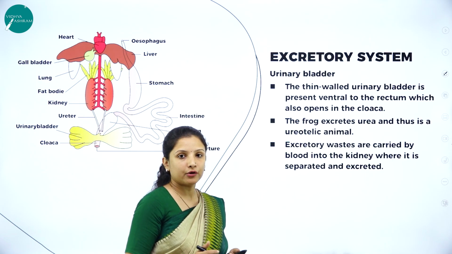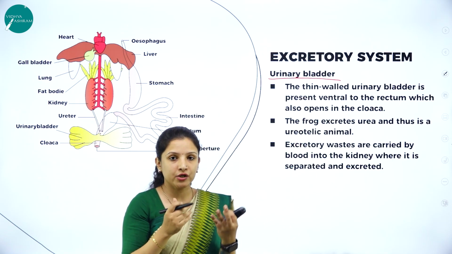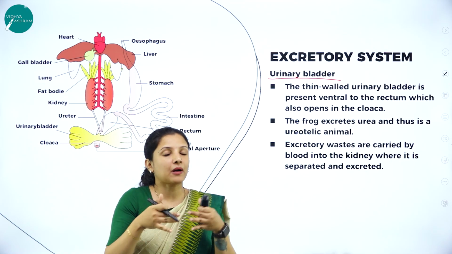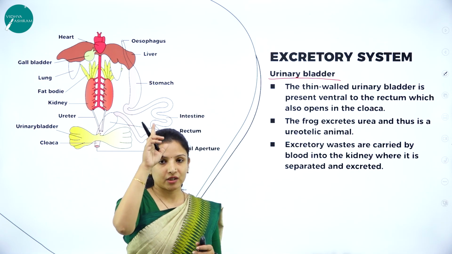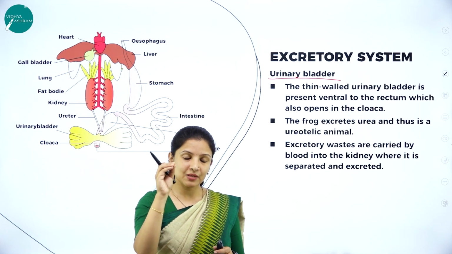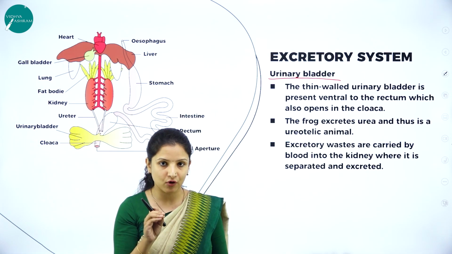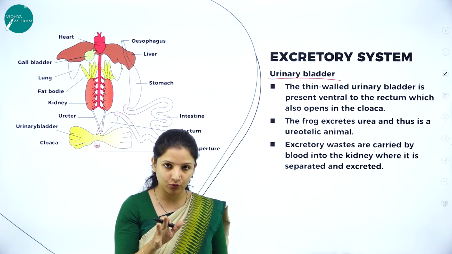And next, talking about the urinary bladder. The urinary bladder is the region where all the urine is stored, and whenever it gets filled, it is passed out through the cloacal aperture. So don't get confused. In the kidney there are multiple structural units called nephrons, and these nephrons filter the urine.